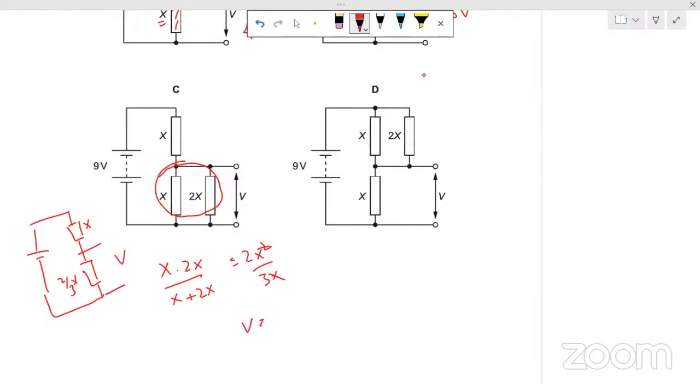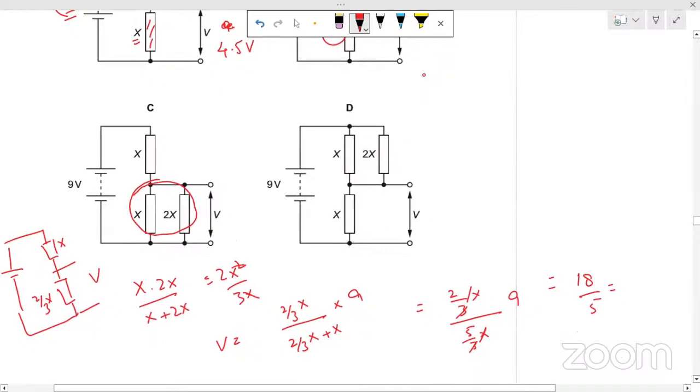V output will be 2 by 3x divided by 2 by 3x plus x times this 9 volt, which is 2 by 3x divided by 5 by 3x multiplied by 9. So that is 18 by 5, which is 3 point something.